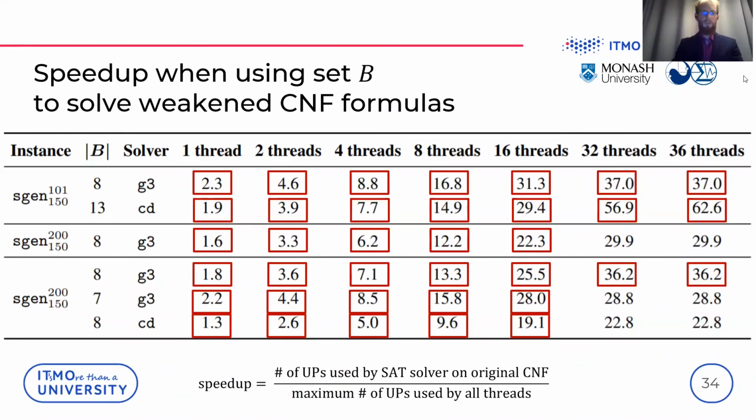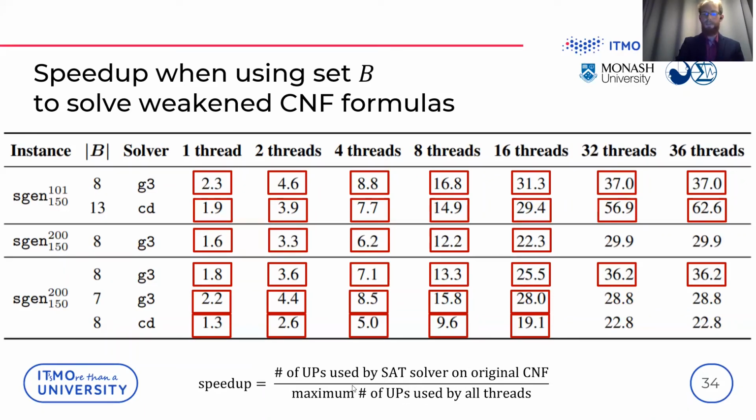This table shows results on solving all weakened subformulas defined by the set B on multiple threads. And here we calculate the speedup, but it's not very classical. So here the speedup is calculated as the number of unit propagations used by the subsolver to solve the original Semenov formula, divided by the maximum number of UPs used by all threads.